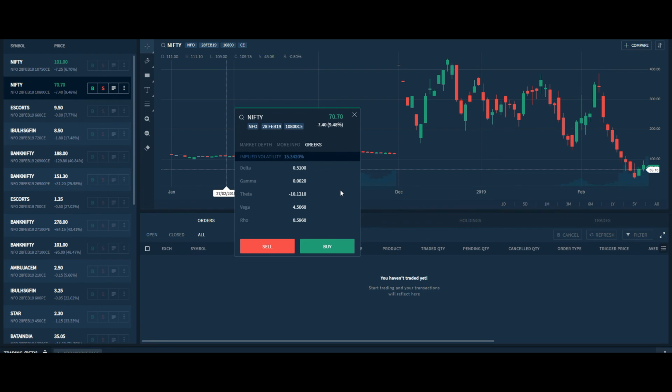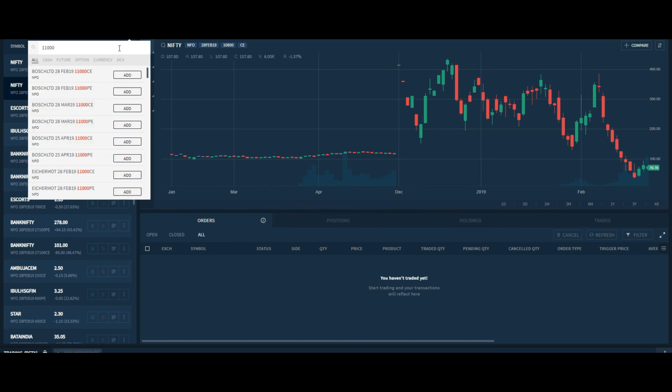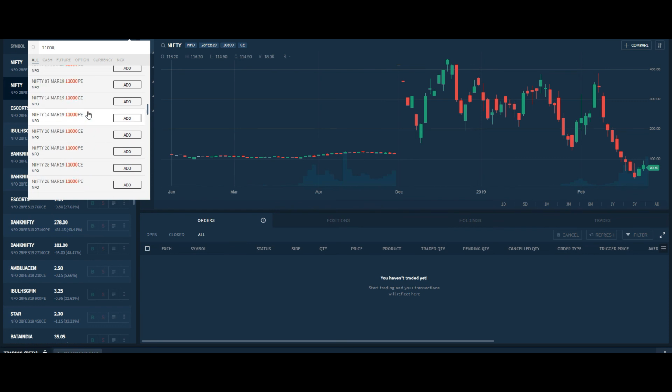I was just going through some of this data. If you see Nifty 10,800 CE, it is showing Vega at 4.5. Let's understand from here. Say 10,000 or 11,000, we will take Nifty 11,000.